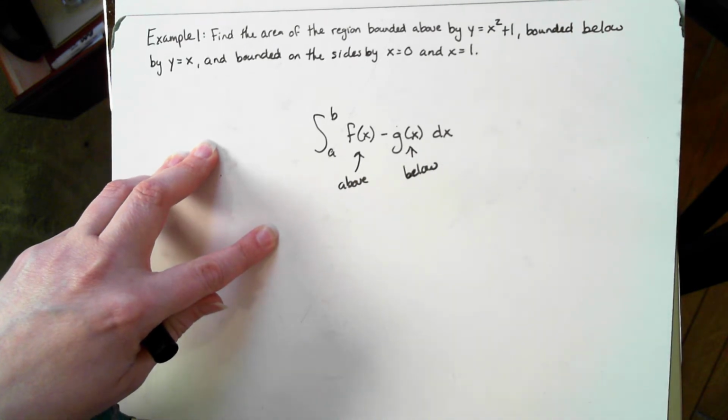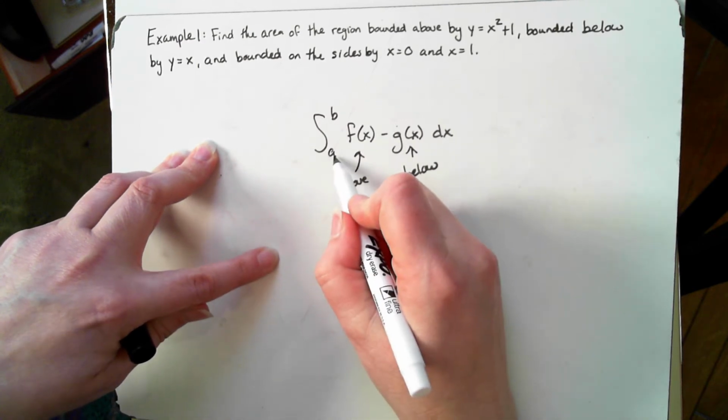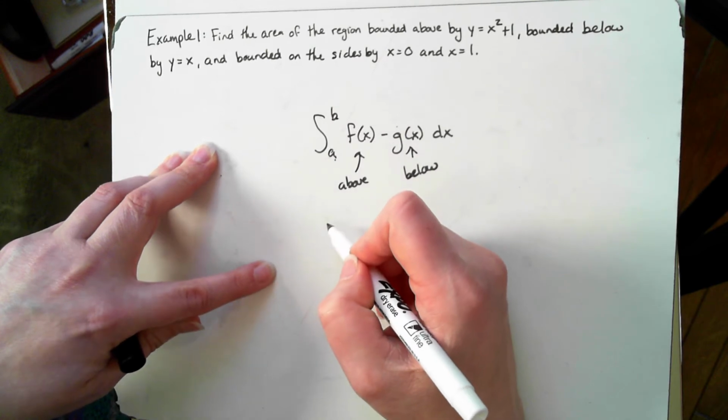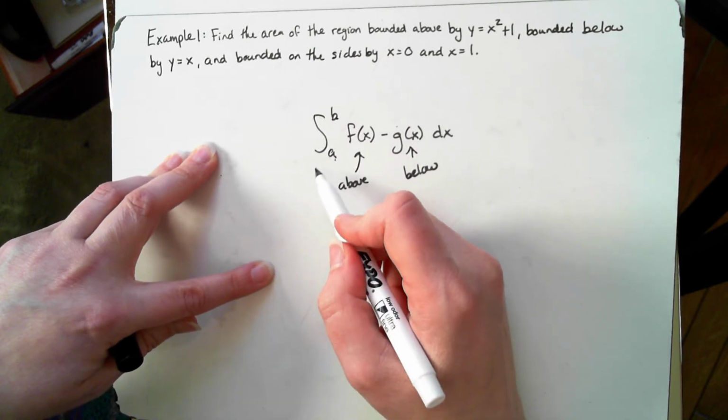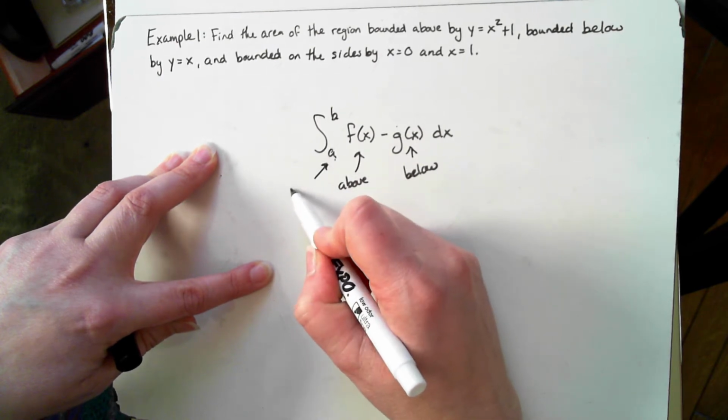Sometimes they will tell you that in the example, and sometimes you have to graph to figure it out. Another thing that's really more challenging about these questions is that sometimes they don't give you the a and the b. One way that we can find those out is simply by figuring out where the two graphs cross.